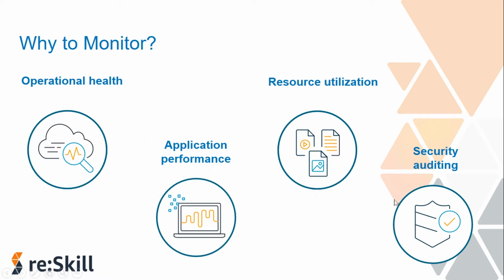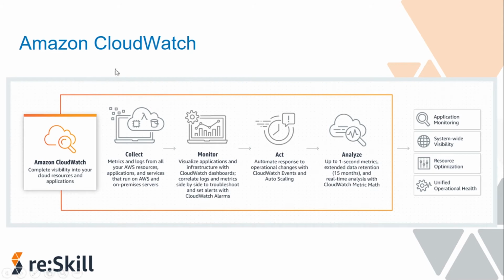Once you get the answers, you will know whether it is the required performance and utilization that I expected or not. So maybe you will find something that we can change in order to get the desired outcome. So the first service that can be used for monitoring is Amazon CloudWatch.